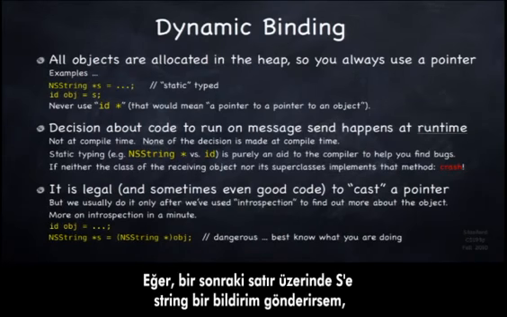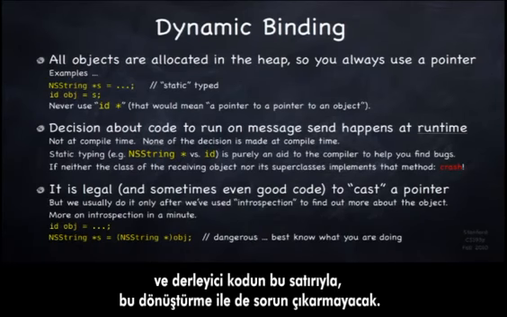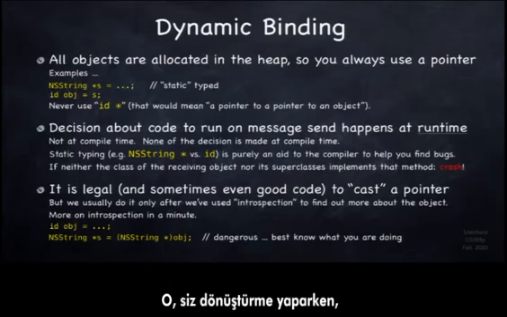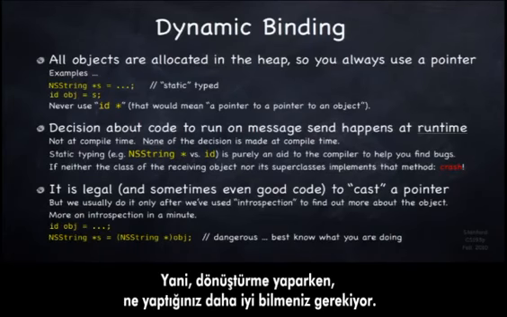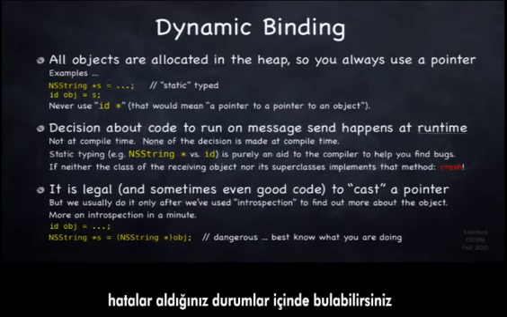So if on the next line I send a string message to s, the compiler's not going to complain, because s is an NSString*. And the compiler's also not going to complain with this line of code, this casting. It assumes when you're casting that you know what you're doing. So you better know what you're doing when you're casting, okay? Otherwise you can get yourself into situations where you're going to crash at runtime.